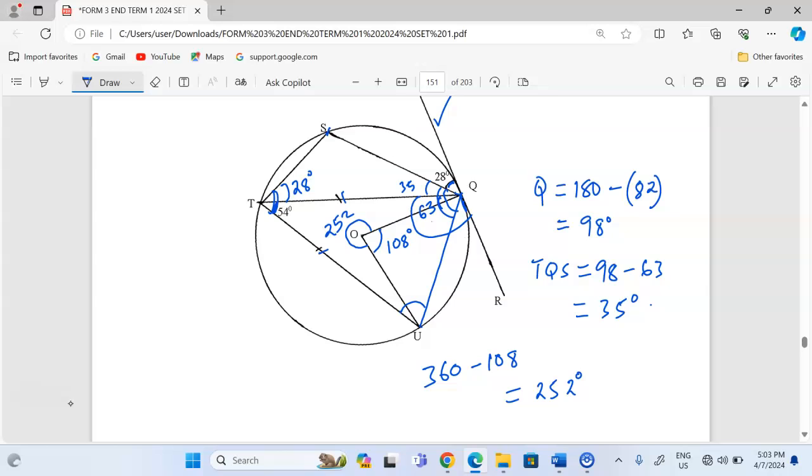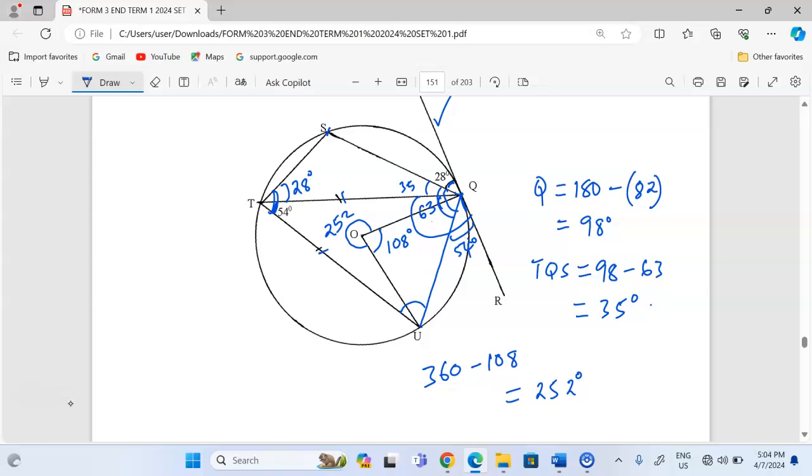So we can get the whole of the remaining angle. We can also use other methods. If UQ is a chord subtending 54, then it leaves an angle of 54 at this point with the tangent.